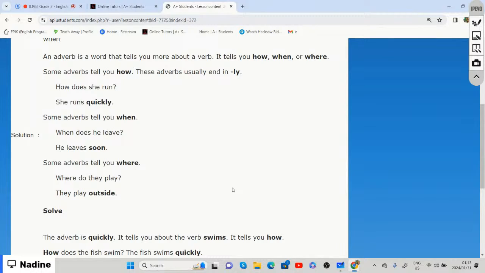We also have adverbs that tell you when, as in when does it leave. You can use words like soon, tomorrow, yesterday, today. Those are specific words you can use. And then some adverbs tell you where.